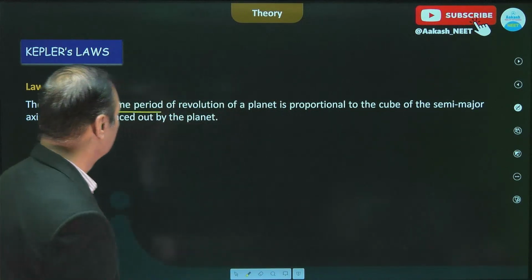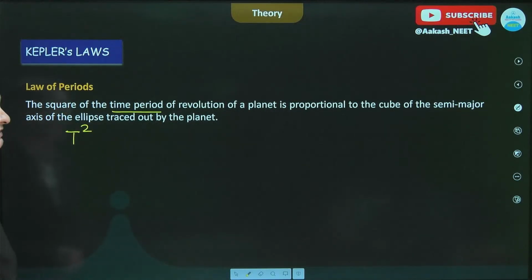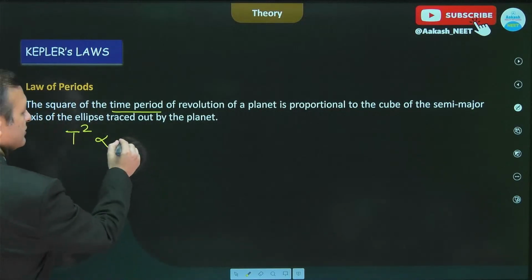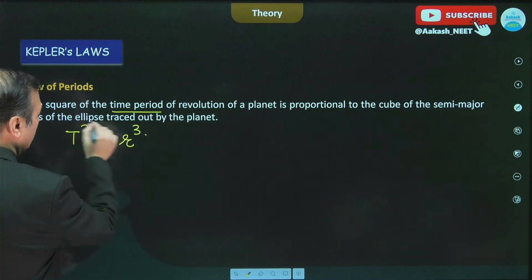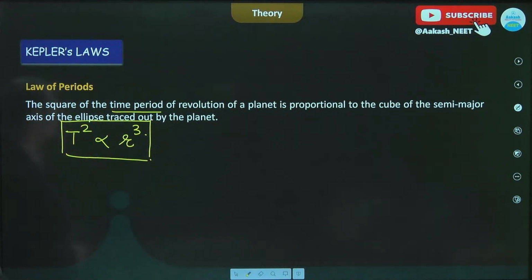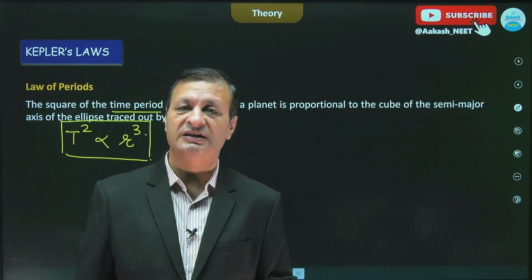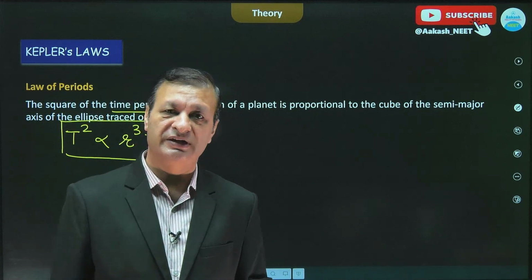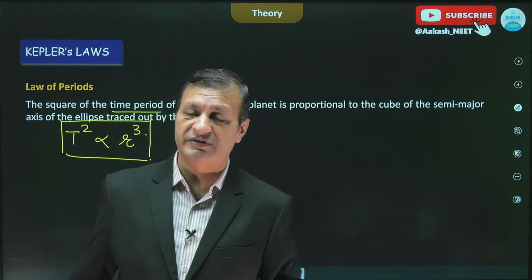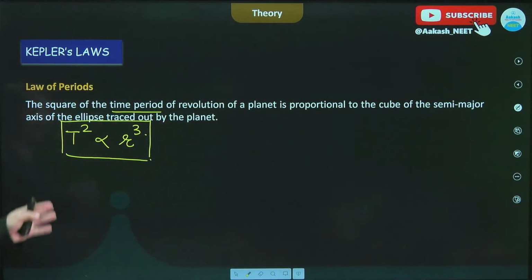So square of the time period is directly proportional to cube of the semi-major axis. So let it be R. So this is law of periods that clearly says square of its time period is directly proportional to cube of semi-major axis. So this time we are keeping it as R.